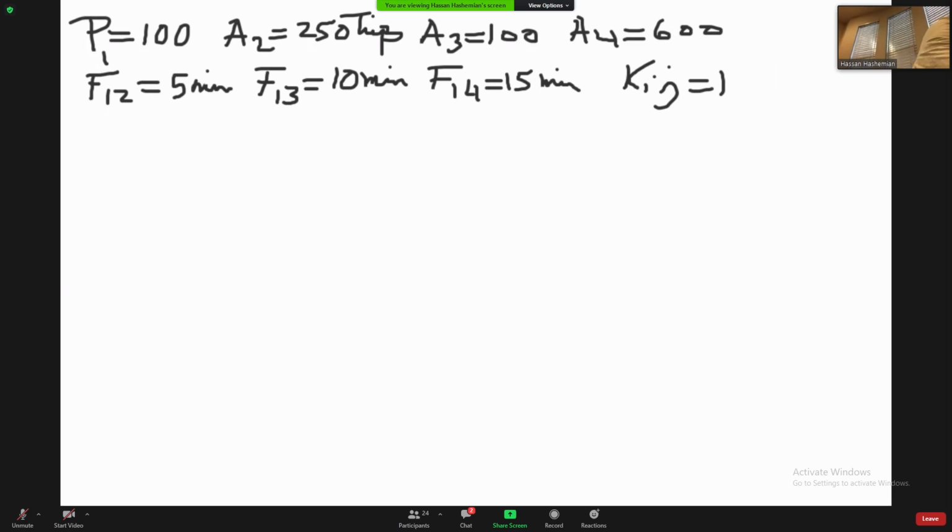They say calculate Fij values are often multiplied by an arbitrary constant in order that all the values are equal or greater than 1. Okay. So they give you that. Any question?